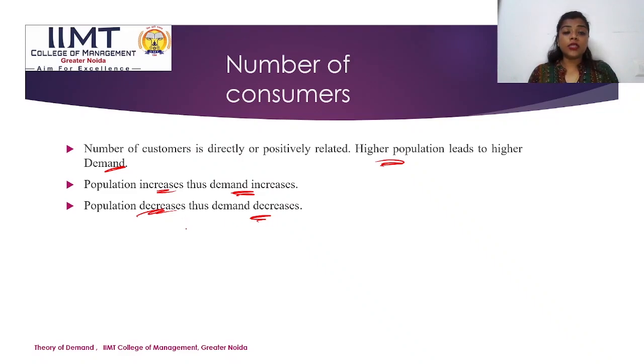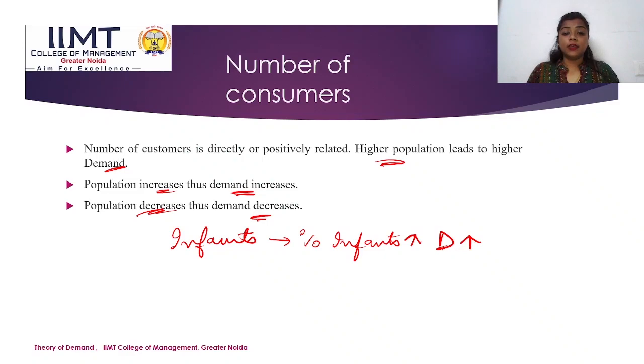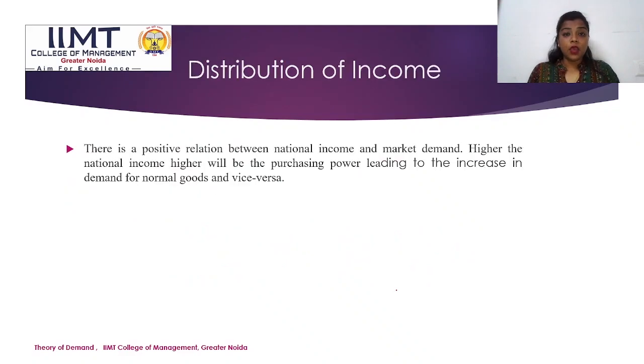Like if I produce the products related to infants and the ratio of infants has increased, the population has increased for the infants, so the demand will automatically increase. If I produce the products for females and the ratio percentage of female has risen, the demand for female products will automatically rise.